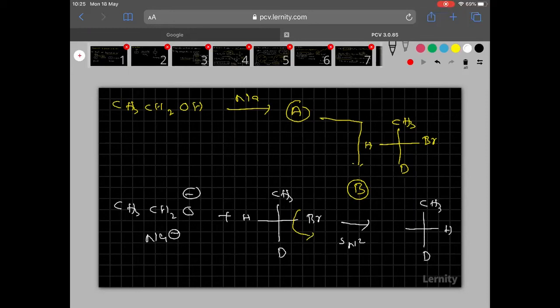Then here what is left over? C2H5O. Am I right? So this is called the inverted product. Why? Because SN2 leads to inversion. Hope you are able to understand this one.